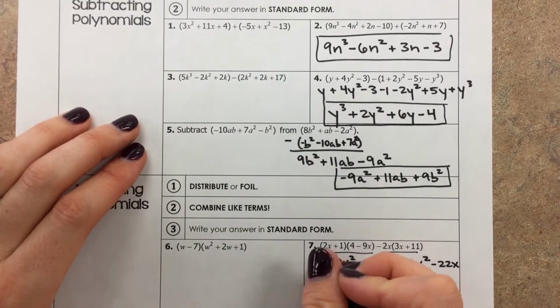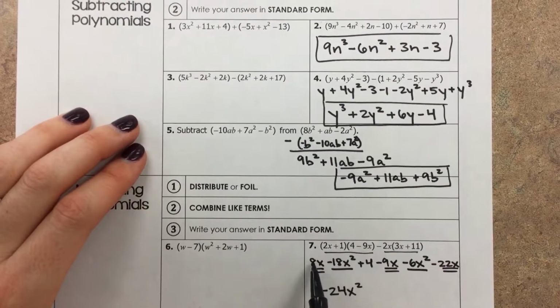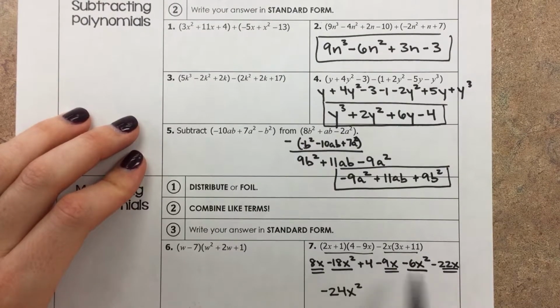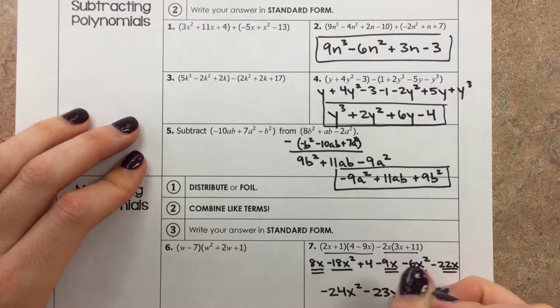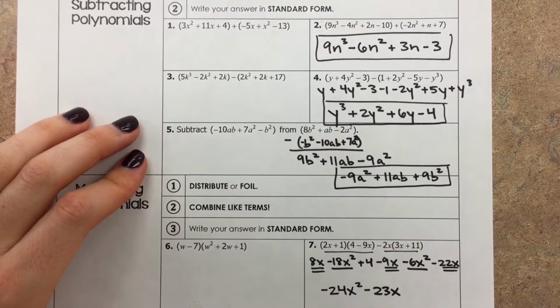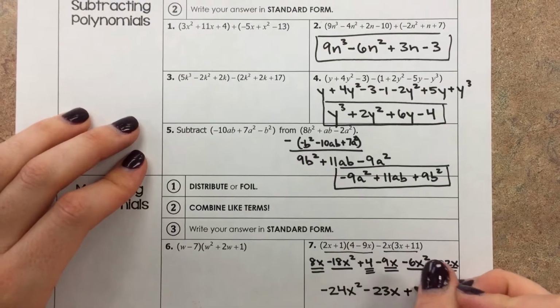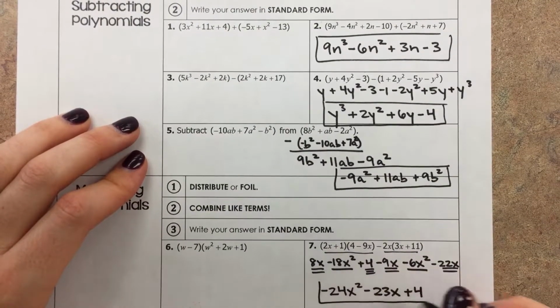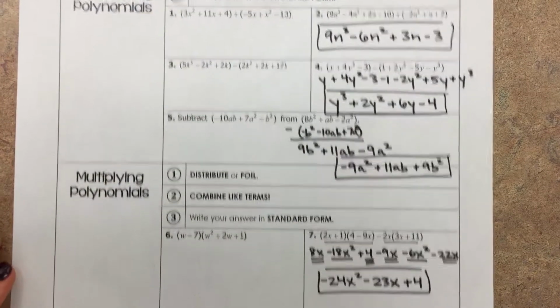Then we have x's, so there's an x right here, x right here, x right here. So we have 8 minus 9, that's a negative 1, and then a negative 22 would be a negative 23x when I combine those all up. And then the only constant I have is this 4 right here, so that would just be a plus 4 that I could tack on to the end. So final answer, everything combined up and written in standard form.